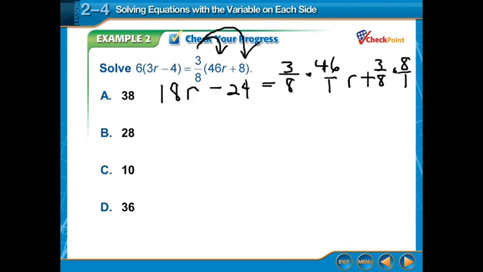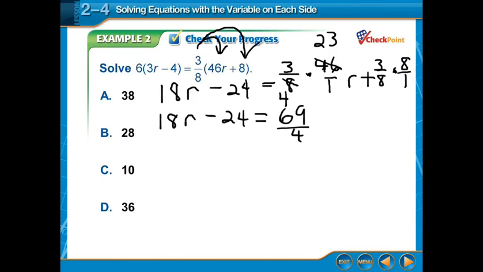Now I'm going to cross simplify. I can divide 8 by 2 four times, and 46 by 2 twenty-three times. Notice I'm keeping the 18r minus 24, and 3 times 23 would give me 69 over 4r. Then I'll simplify these and I'll have plus 3.